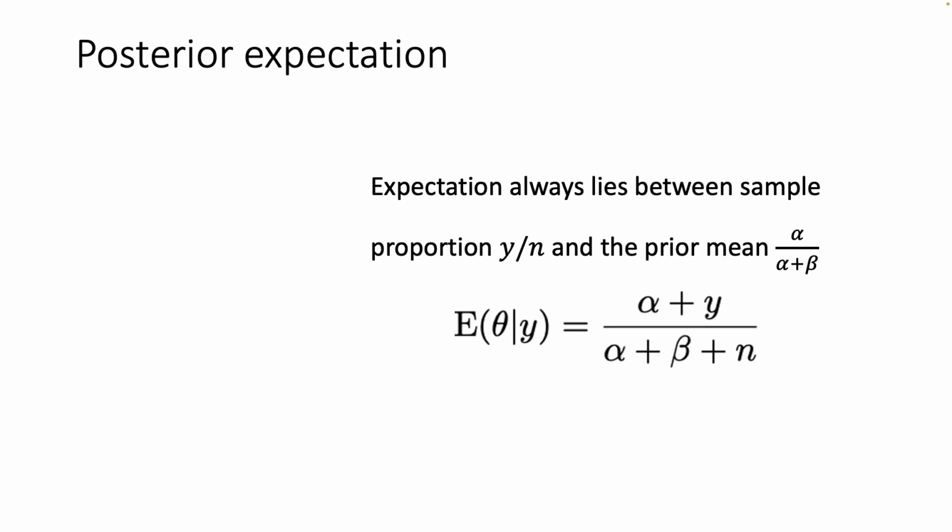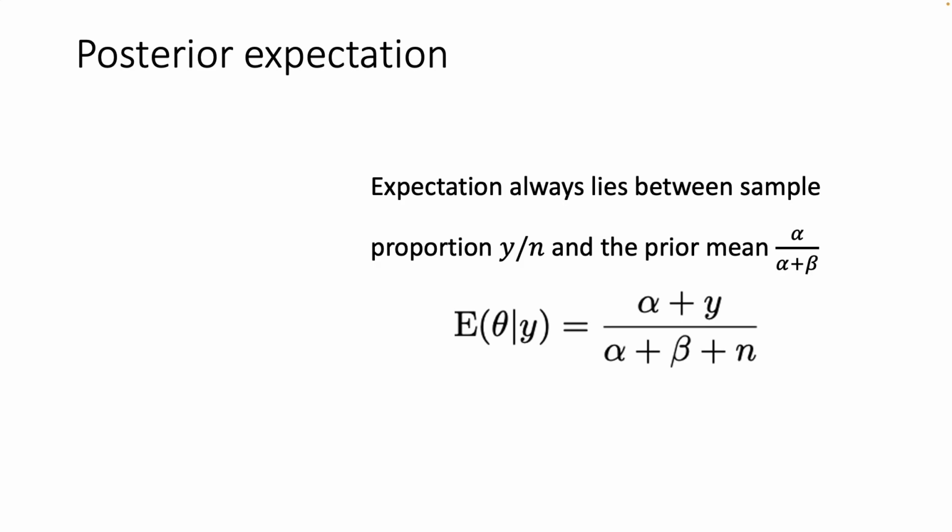In the case of the beta distribution, our sample is the number of successes and failures, so it will be alpha plus beta plus 2. In the case of our experiment, our sample size is n.